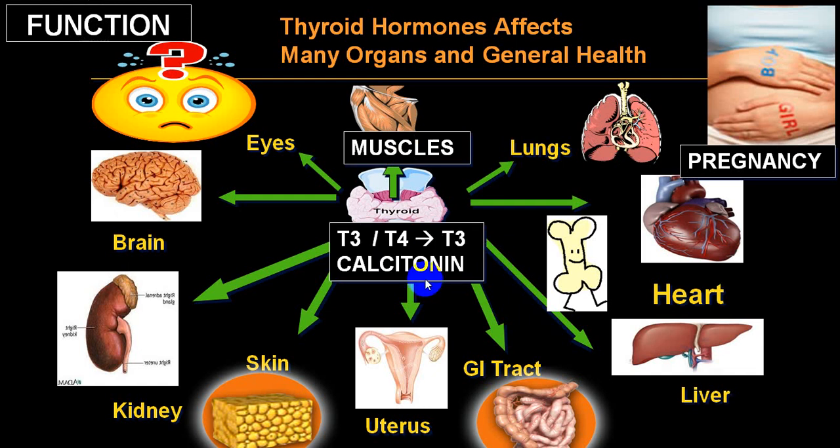The hormones released by the thyroid gland are of two groups, T3, T4 and calcitonin. T4 will be converted into T3. So 90% of T3 is derived from T4 conversion and 10% is derived from the thyroid gland.